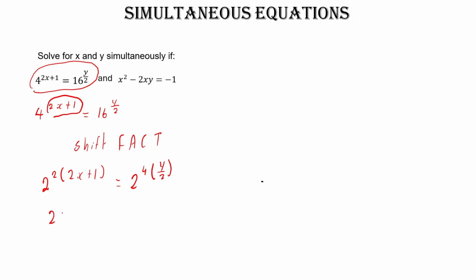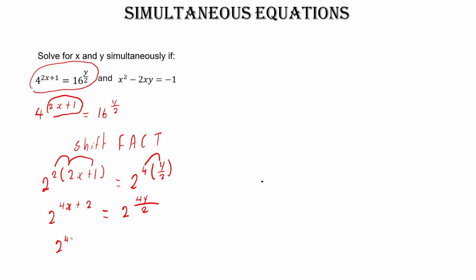So 2 to the power of, we distribute this 2 in there. That's going to be 2 times 2, 4x, and then 2 times 1, that's just plus 2, is equal to. Now we distribute this 4 in the numerator. That's going to be 2 to the power of 4y divided by 2.